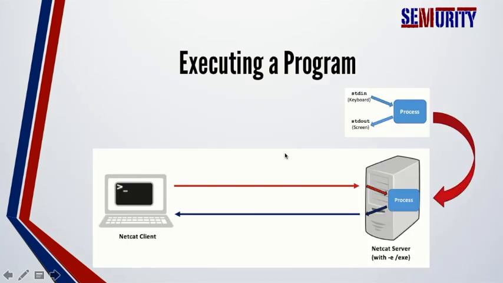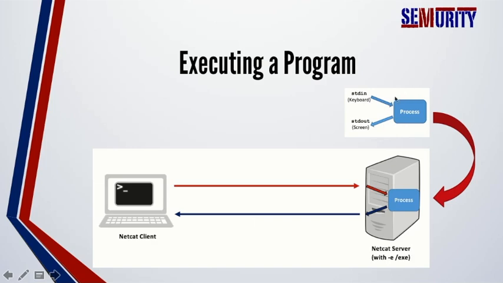And we can see in this diagram here how your executable file, while it's running by itself independently of Netcat, has its standard input and standard output to the screen and to the keyboard. So it reads input from the keyboard and then it prints output to the screen on the terminal window.